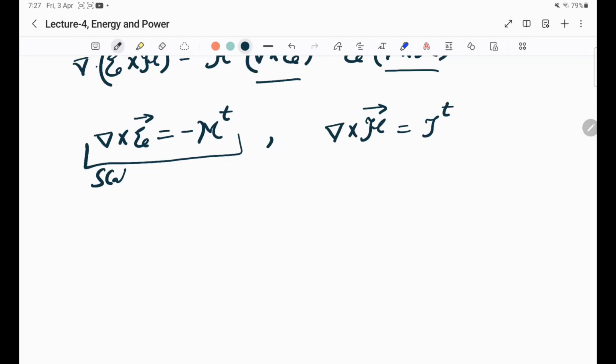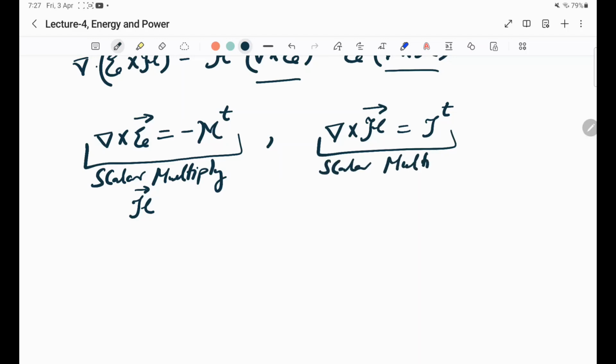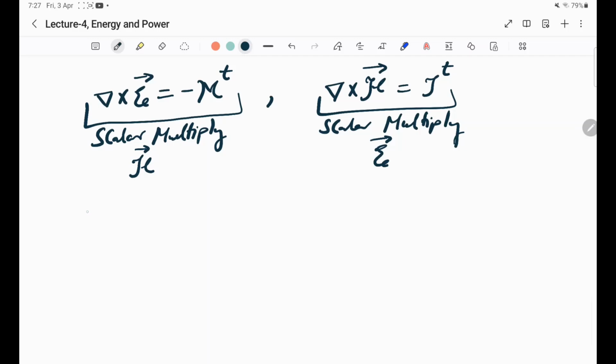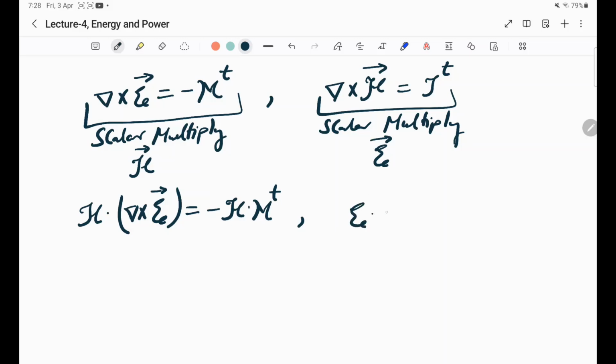So this becomes H dot del cross E is equal to minus H dot M total, and E dot del cross H is equal to E dot J total.